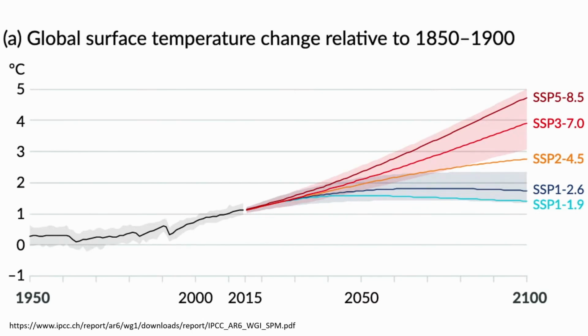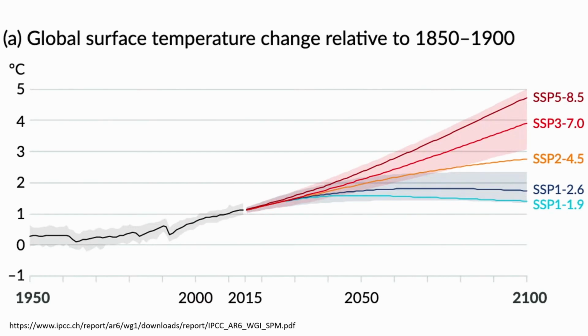And a planet which is 5 degrees warmer is almost uninhabitable. It's really a different planet, a planet with a lot of problems. And this planet here also has problems, but problems that can be controlled. We can adapt to this, and it's really hard to adapt to this one here.